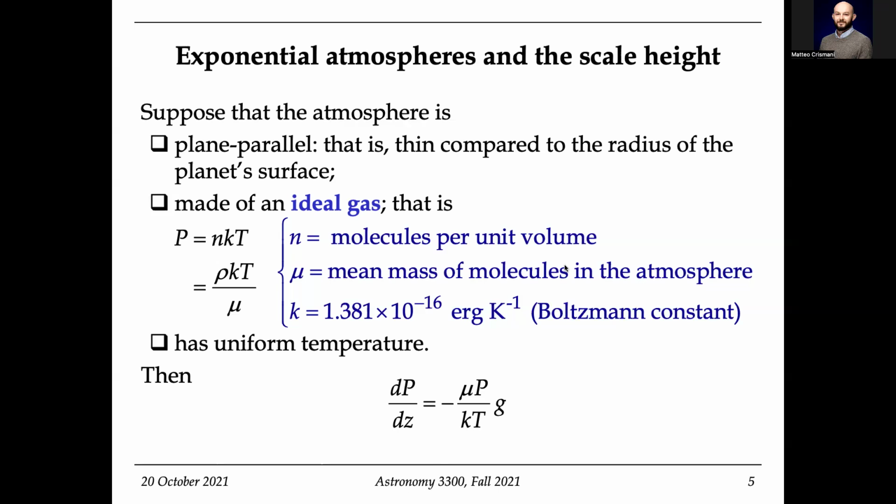This garbage is going to come out, so where does it go? It goes in the exponent. So it's minus GZ over KT. Okay. Is that good?